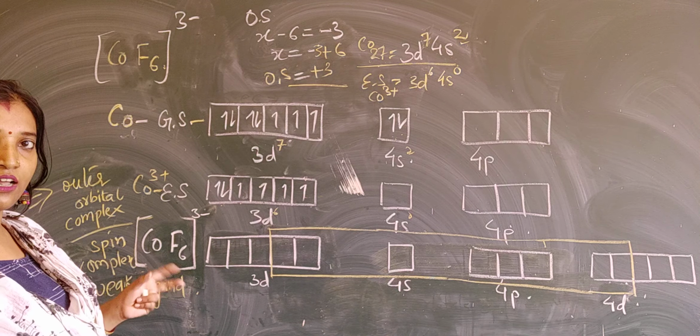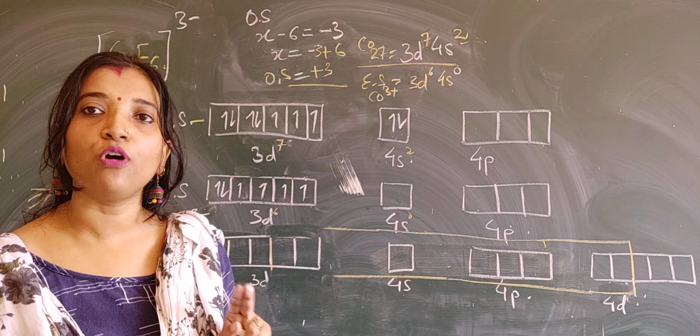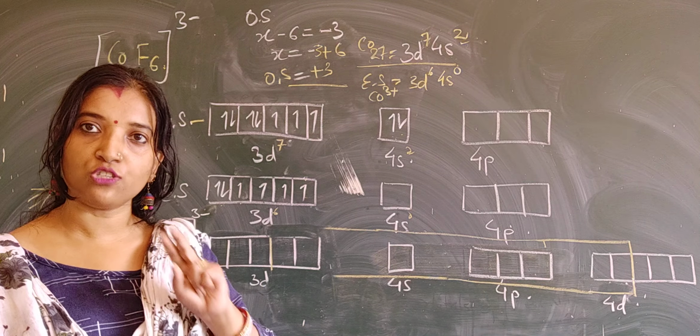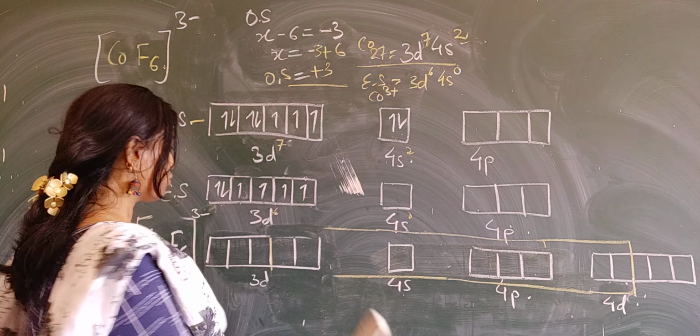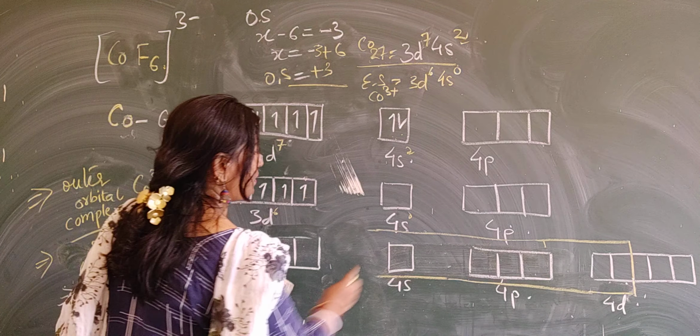Fluorine is a weak ligand. Fluoro, these all are weak ligands. In the presence of weak ligand, there will be no pairing of electrons. Remember this. The structure will be like this.